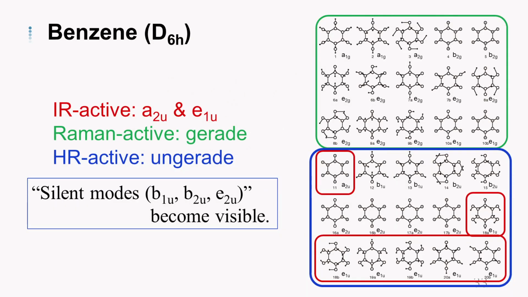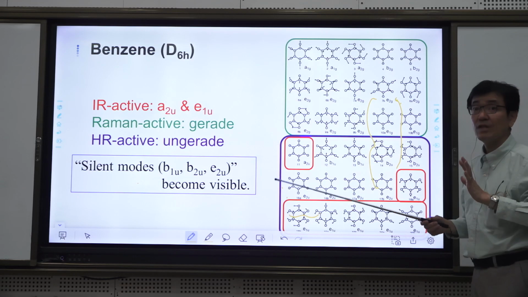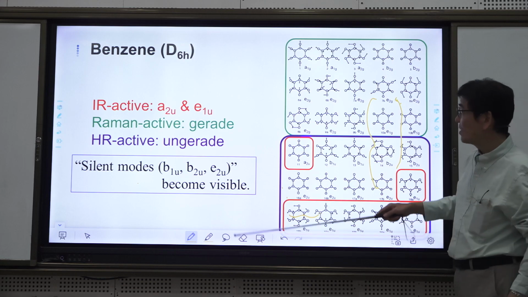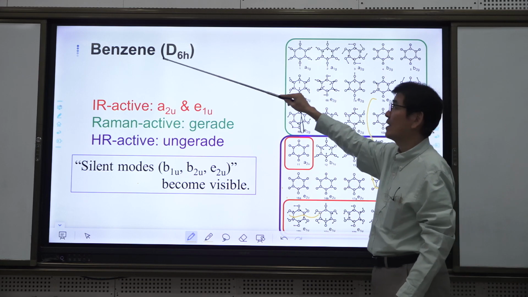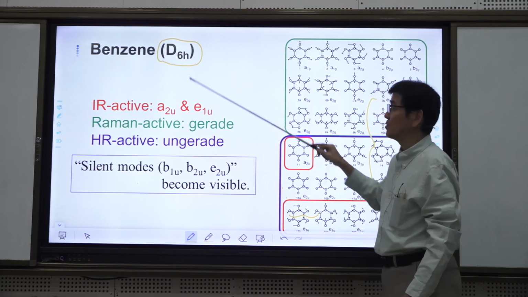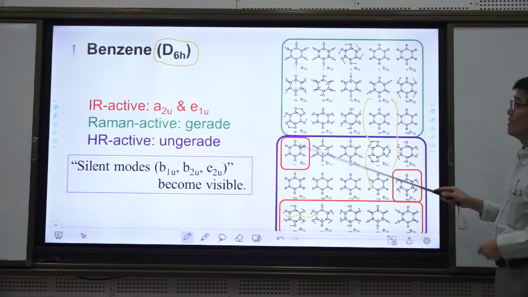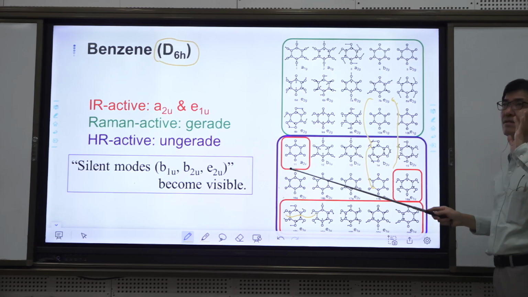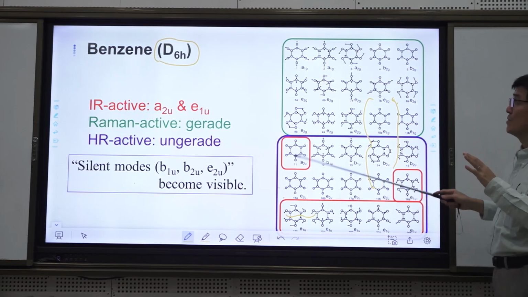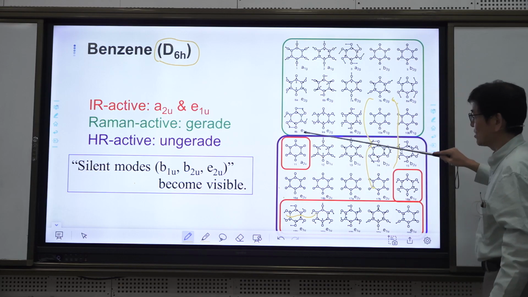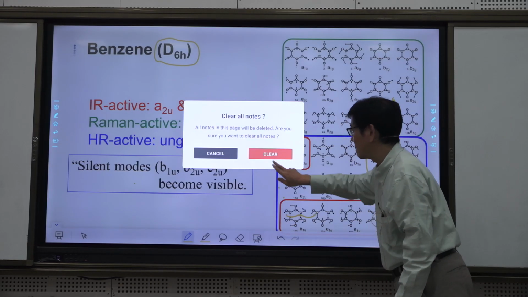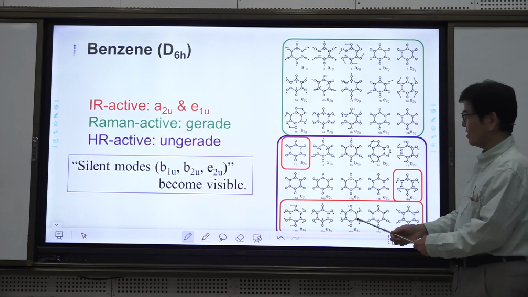One of the advantages of hyper-Raman spectroscopy in the study of small molecules is that it has a unique selection rule. In the case of benzene, it belongs to a high symmetry group. By checking the symmetry table, you will see A2u and E1u modes are IR active, the red group.